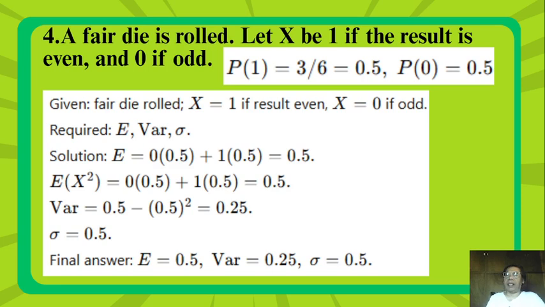So we're given a pair of dice rolled, and x is equal to 1 if the result is even, and x is 0 if odd. Required are E, then the variance, then sigma.